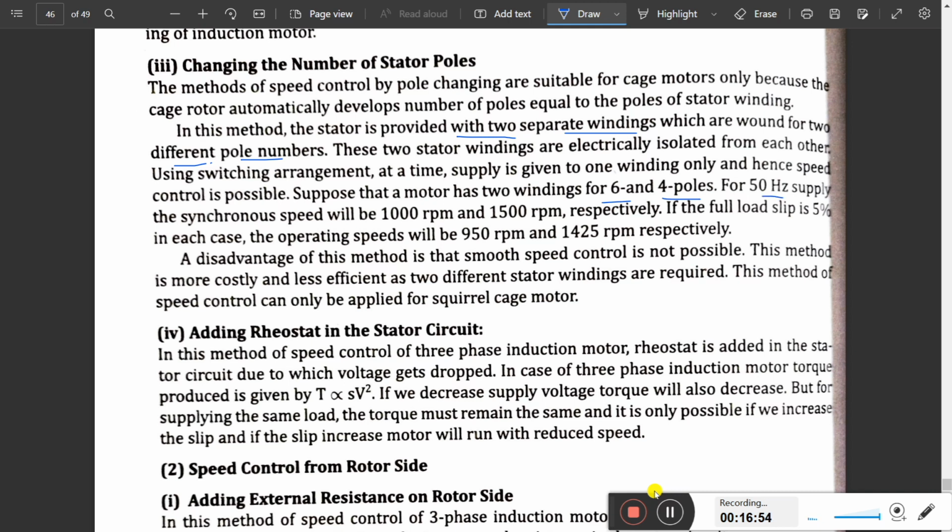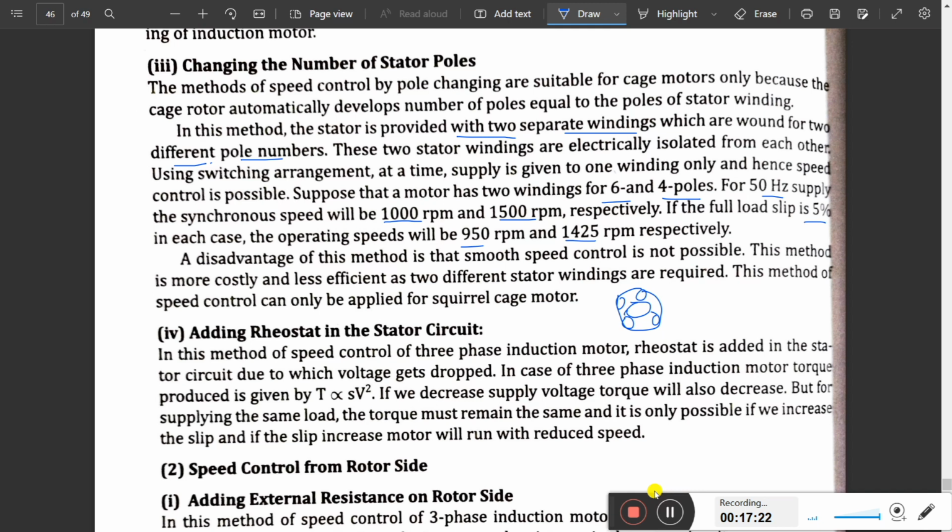For the 50 Hz supply, for the 6 pole you will get 1000 rpm, and for the 4 pole you will get 1500 rpm. With a slip of 5% you may get 950 rpm and 1425 rpm. Why? Because if you change the stator pole count, the rotor automatically changes in case of only squirrel cage. Because a squirrel cage rotor can change its poles with respect to the stator.